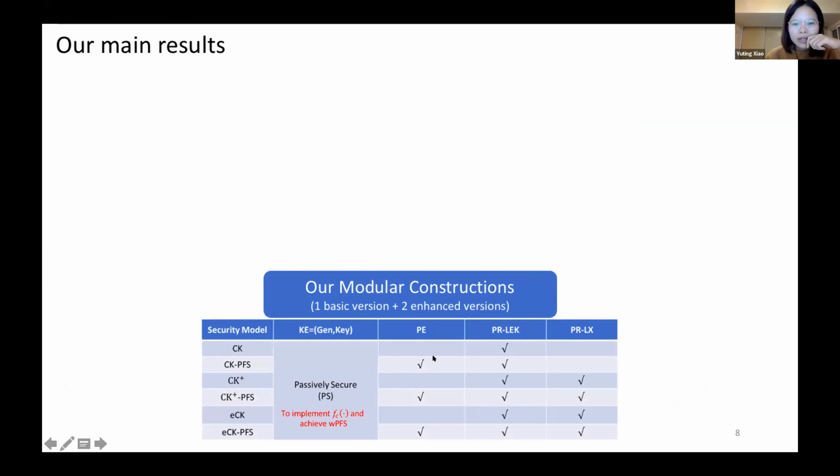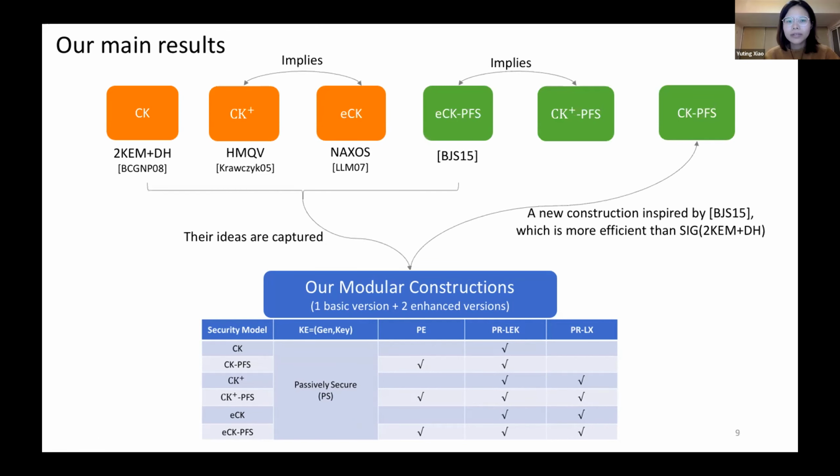Our main results are listed as in these tables. Use a passively secure key exchange protocol to implement FC, and assuming the underlying KIF meets different properties, we can get different secure protocols in these models. Apart from our modular constructions, we also get some other results.